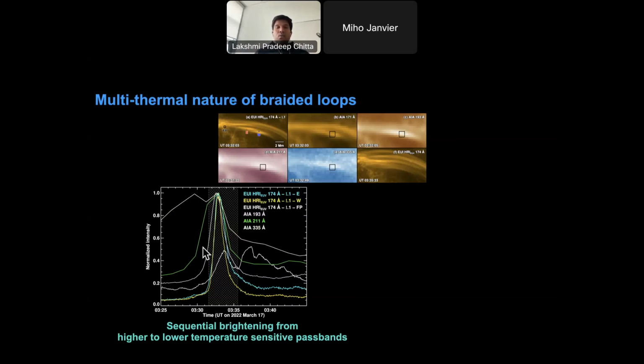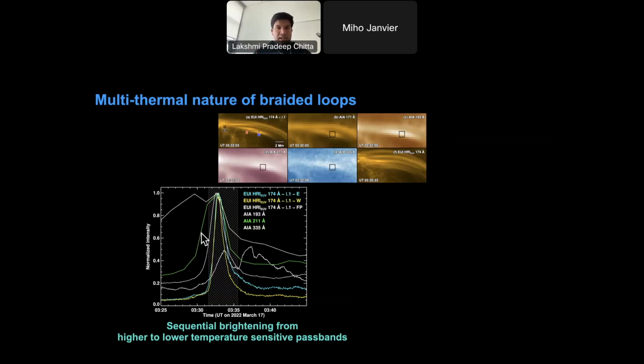And this will lead to the appearance of this particular plasma blob in different filters sampling different temperatures. Initially, we would see the plasma at very high temperatures in the pass bands that are sensitive to high temperatures, and then the plasma cools down, and then we see that in the filters that are progressively sensitive to cooler temperatures. And that is what the effect is here, that we see this initial rise in this channel called AIA 335 that samples plasma at about 3 million Kelvin.